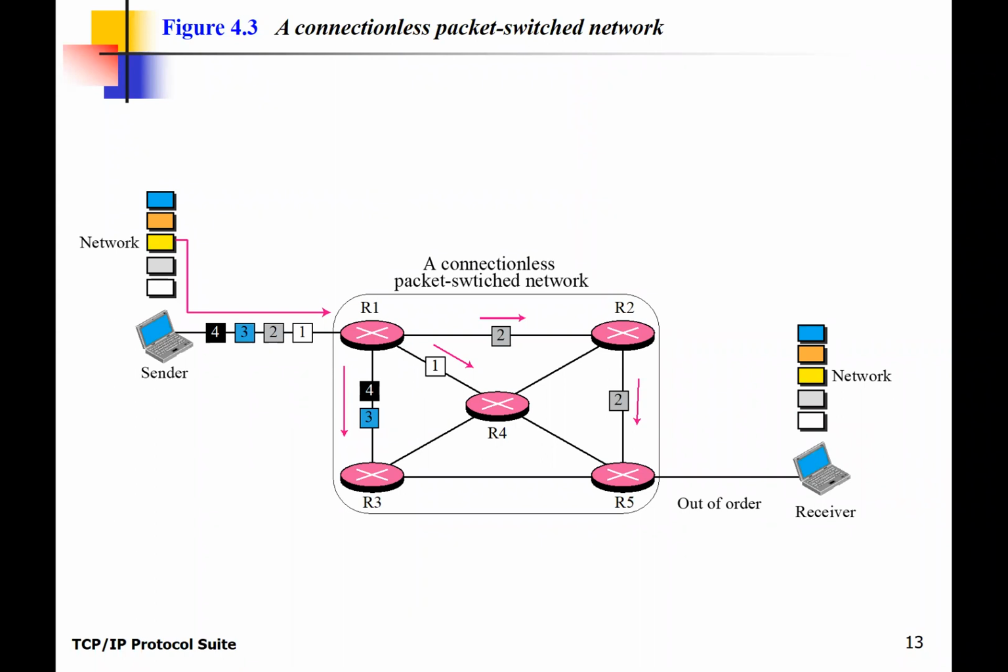Then packets 1 and 3 will go through R5, and 4 will go through R5. So based on the network layout, maybe we'll receive the packets out of order. We send them as 1, 2, 3, 4, but we receive them as 1, 3, 4, 2.